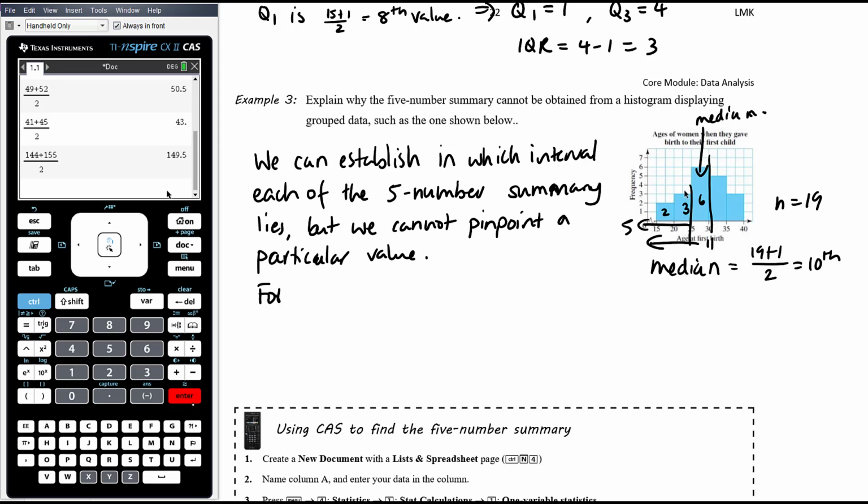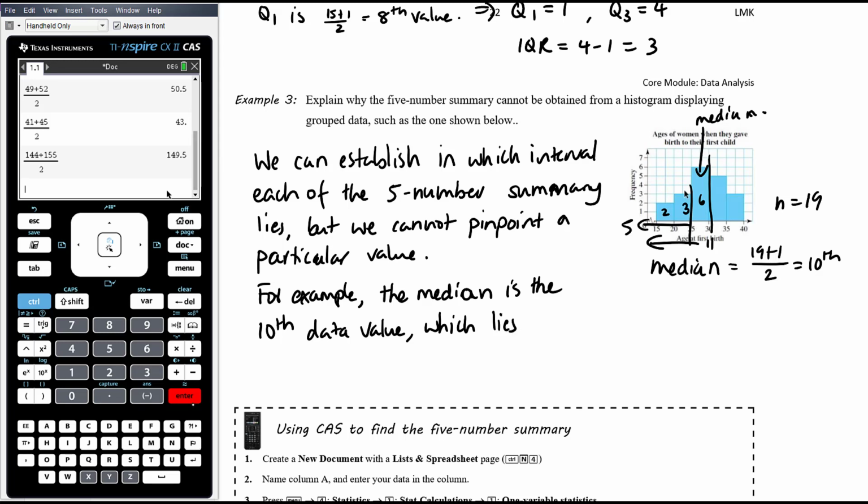For example, the median is the 10th data value, which lies in the interval 25 to 30.